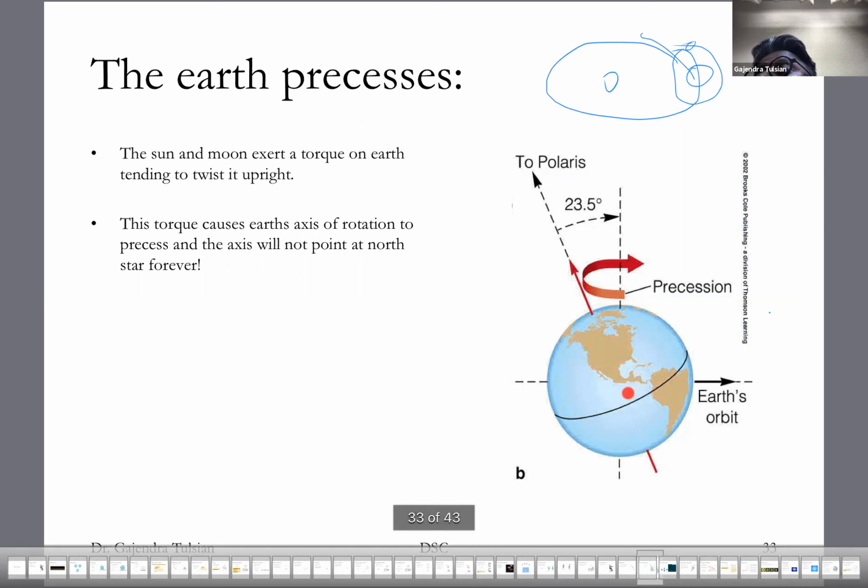But the Earth is not a perfect sphere, and the sun and the moon exert a torque on Earth, tending to twist it upright. If the Earth was not spinning, they would straighten out the axis in this direction. The axis is tilted by 23.5 degrees, but since it's spinning, the Earth precesses.